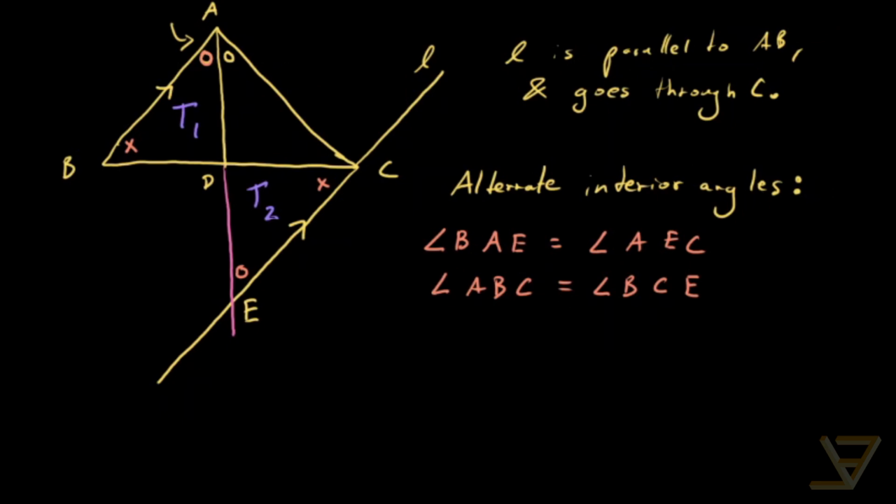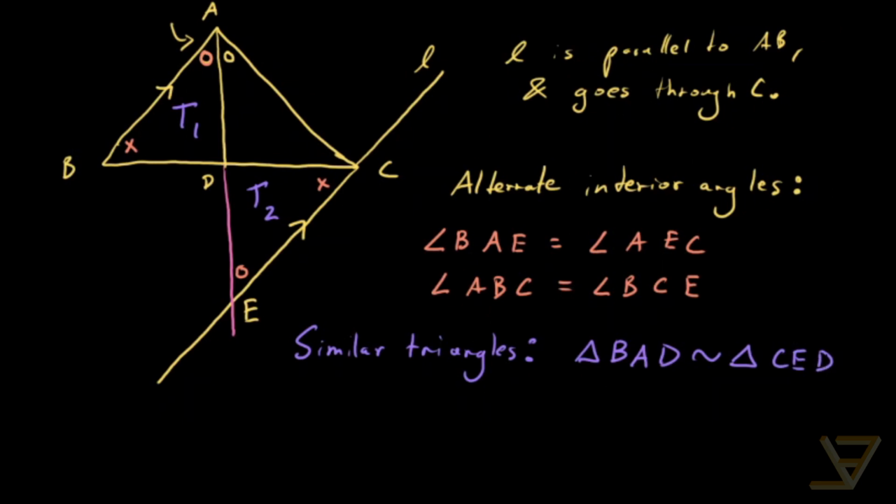So let's write down the similarity that we get. We get that triangle BAD is similar to triangle CED, and that's by AA similarity.